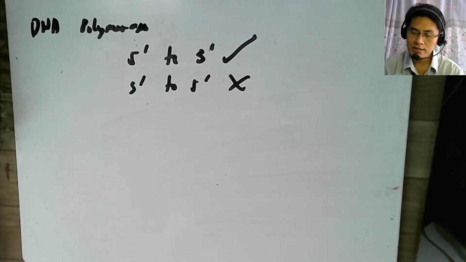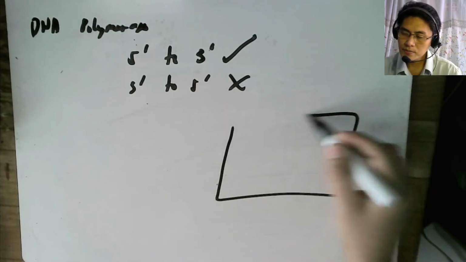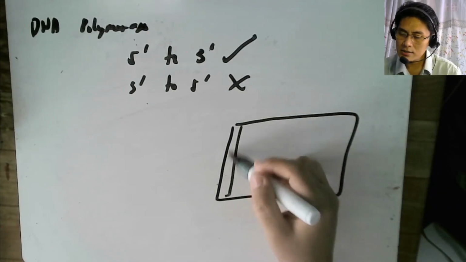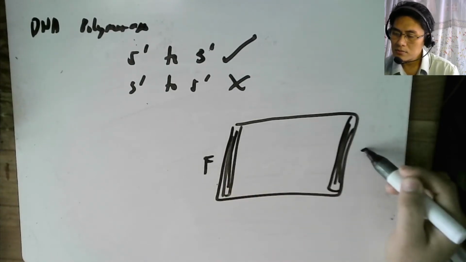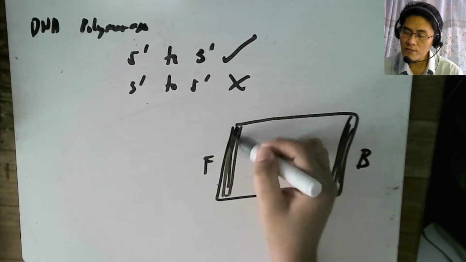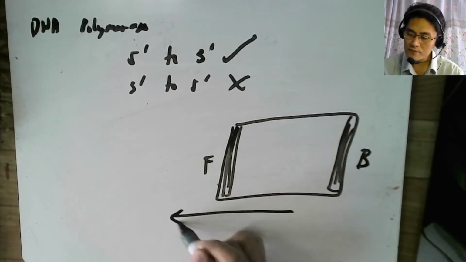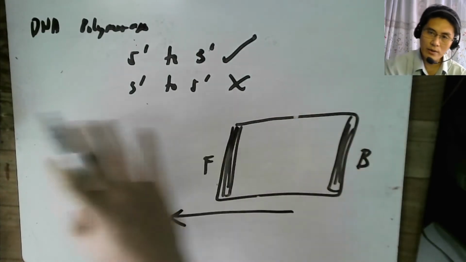Imagine that the DNA polymerase has a front and a back, and what it does is it can only move front first. So it can only move this way. So when it attaches to the DNA, it can only move that way.